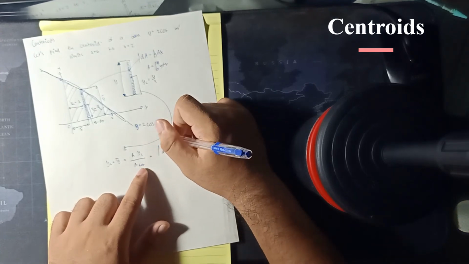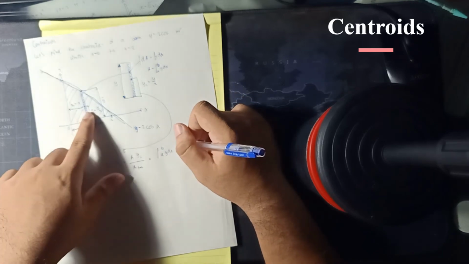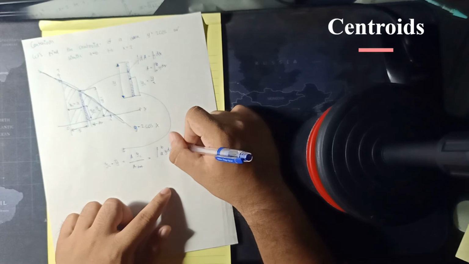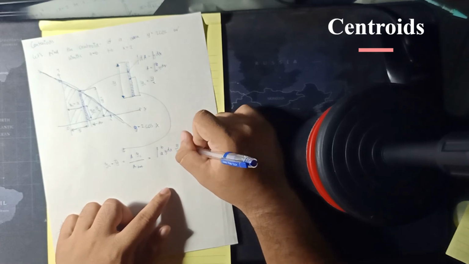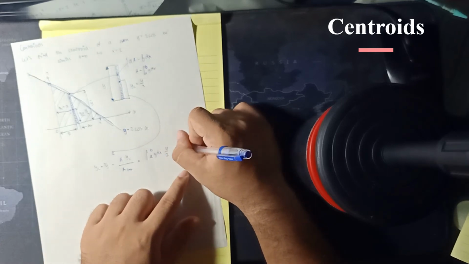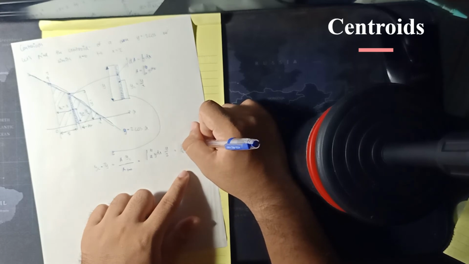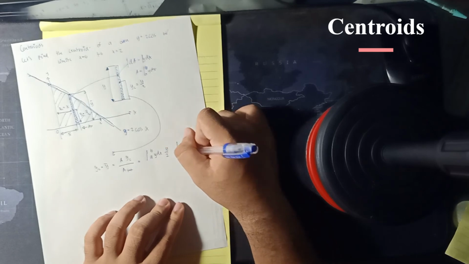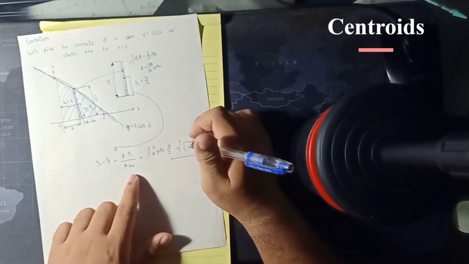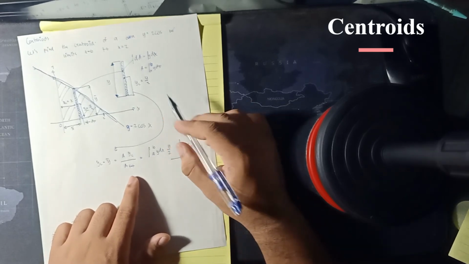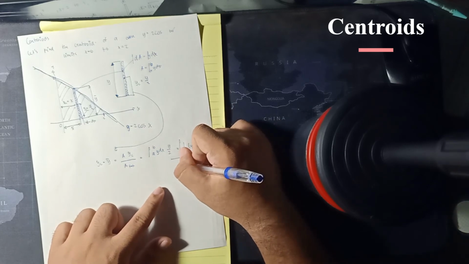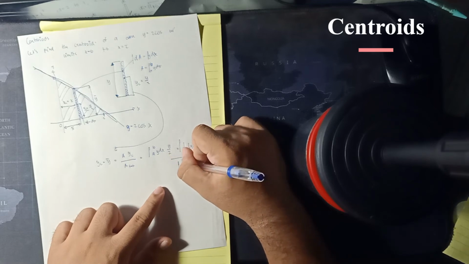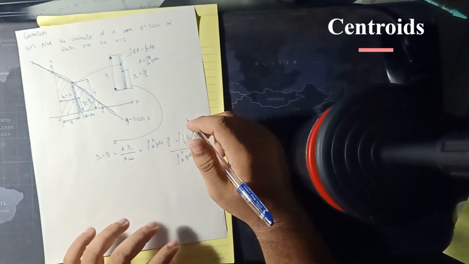And your yc, from earlier, is equal to y over 2. If you rewrite this, it would be 1/2 of y squared dx over the area total, so your area total is only the integral of y dx from a to b.